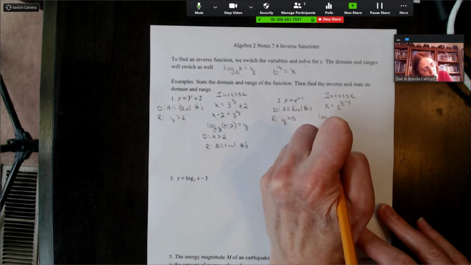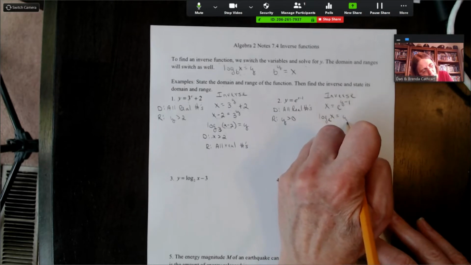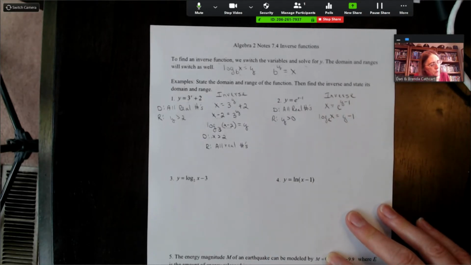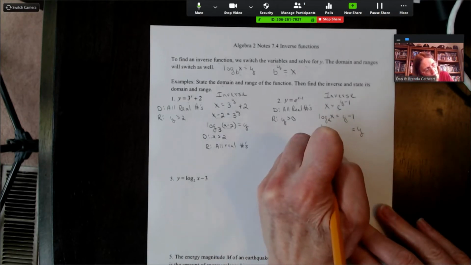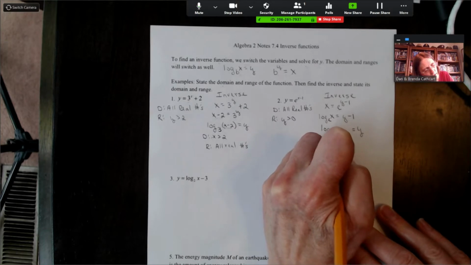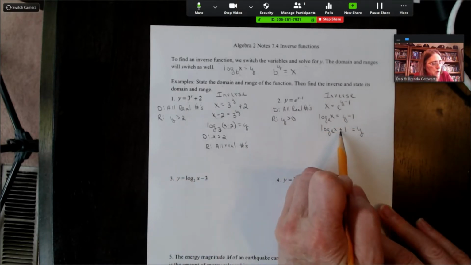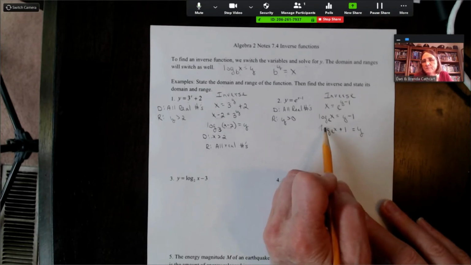This time we have log base e of x equal to our exponent of y minus 1. Solving for y by adding 1 to both sides, we get y equals log base e of x plus 1. Okay, the plus 1 is outside or done after the log.